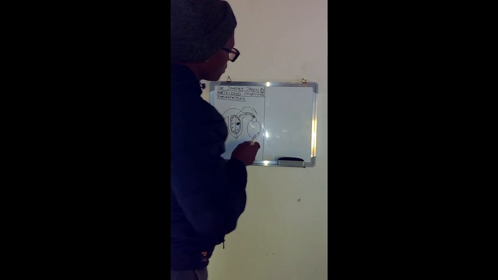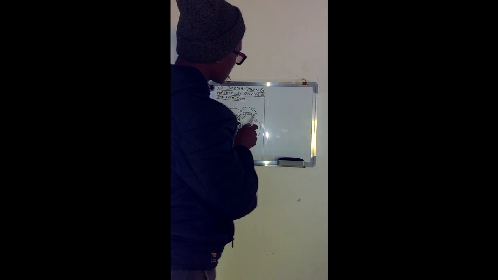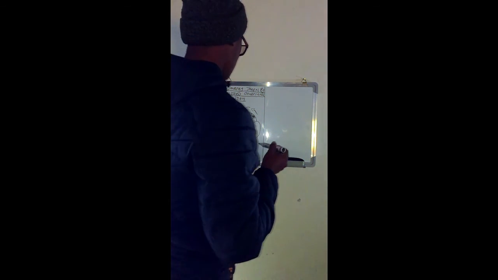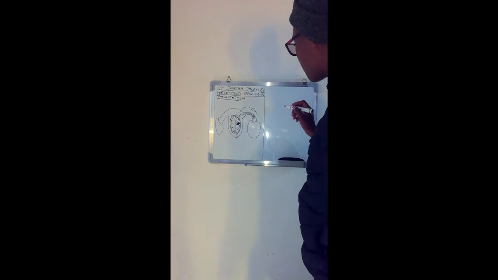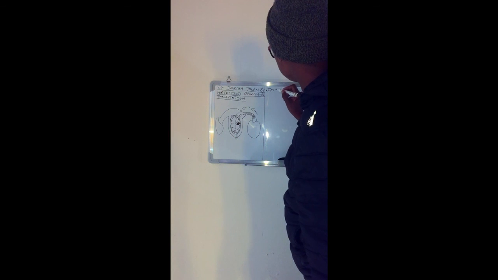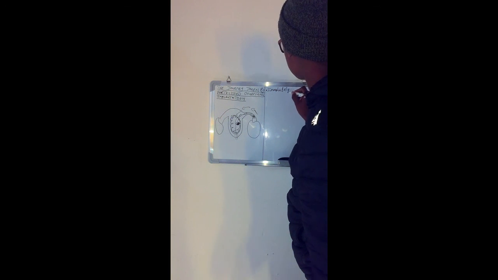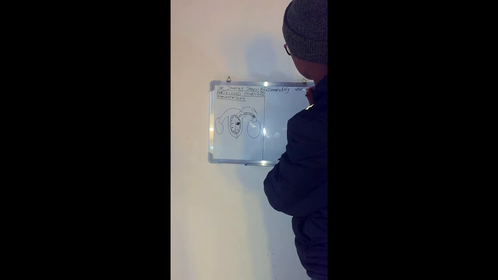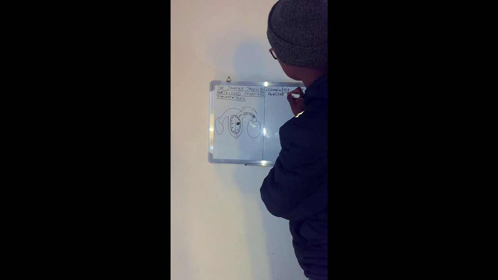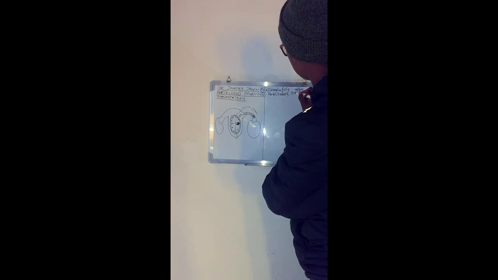So the zygote is going to undergo mitosis until it reaches this uterus. So the first thing, immediately after fertilization, the zygote is formed.